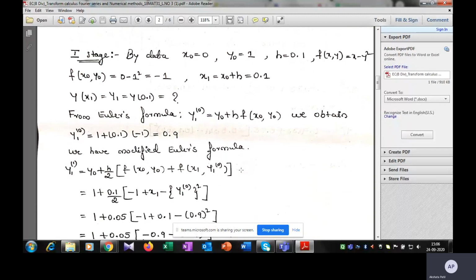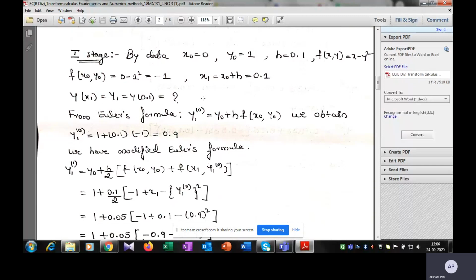Now next we need to calculate the y1 value by using Euler's formula. Euler's formula we already know. So the formula is y1 of initial approximation, that is y1 of 0, equals y naught plus h into f of x naught comma y naught. In this formula we know the value of y naught, that is 1, h is 0.1, and f of x naught comma y naught we already calculated above, which is minus 1.